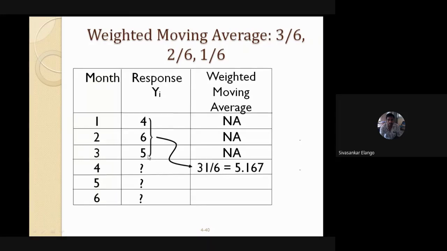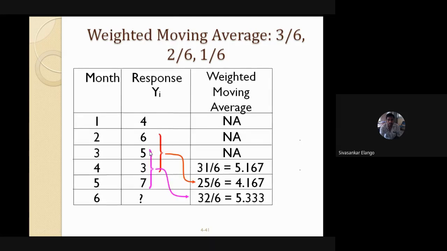I'm going to assign a higher weight for the previous month, and I'm going to assign less weight for the historical data. So for the first month I'm going to assign a weight of 1 alone. For the second month I'm going to assign a weight of 2, and for the third month a weight of 3. It's known as weighted moving averages, right?